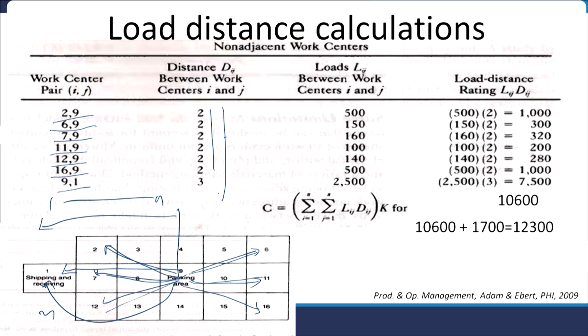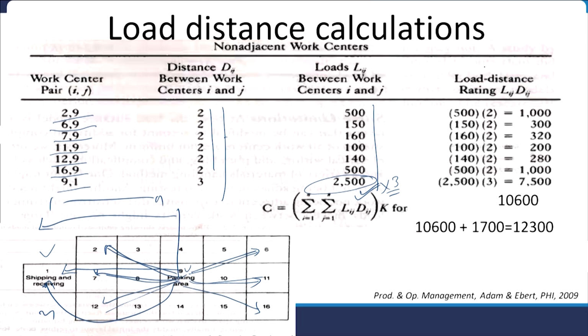So, these are the distances to be travelled from the different stores to the packing area, and then from packing area 9 to the shipping area, and this shows the kind of load which exists. Whatever is packed has to be transported to the shipping area 1, which is why this value is extremely high, and the distance to be travelled is also maximum for this case.